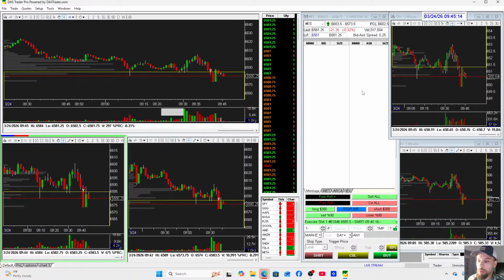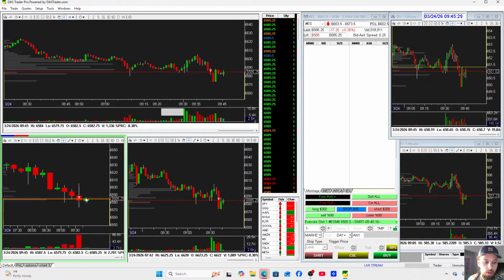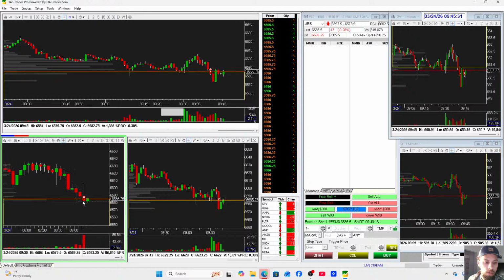Just one contract right now. Pulling back here on ES. Could use a rejection. 15-minute, a bit of indecision here, more bearish than bullish.